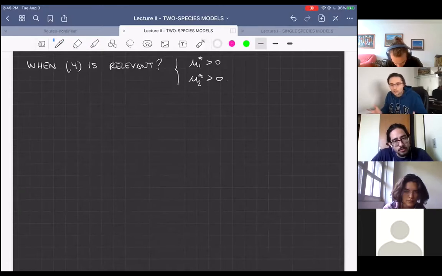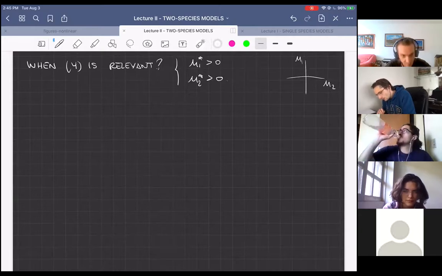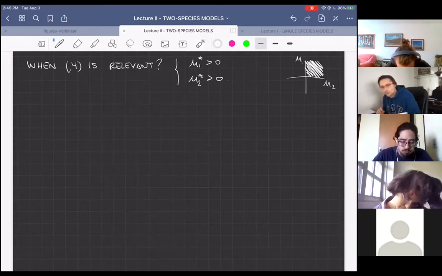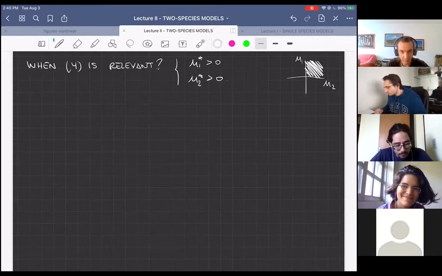Why? Because we are working with cells, number of cells. Number of cells have to be positive. For us, in our two-dimensional phase space, or one defined by U1 and U2, it's only the first quadrant, the one that is going to be meaningful for us, because it doesn't have any sense to have -3 cells.